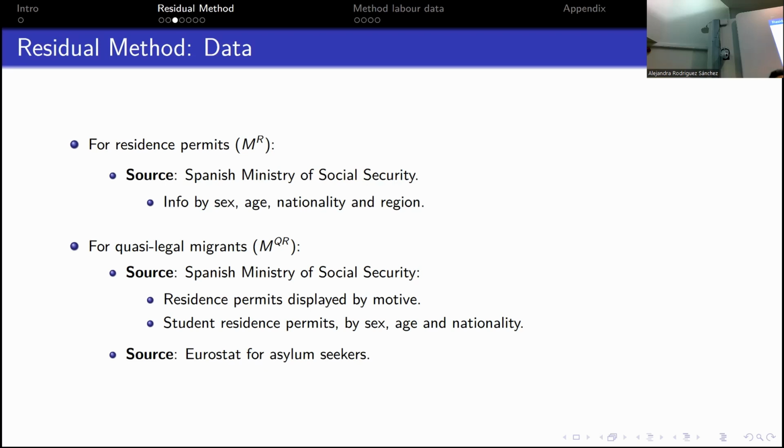The good thing, apart from my critiques, is that it's very good that they have put this available. They give you information on sex, age, nationality, and region, so it's very detailed.